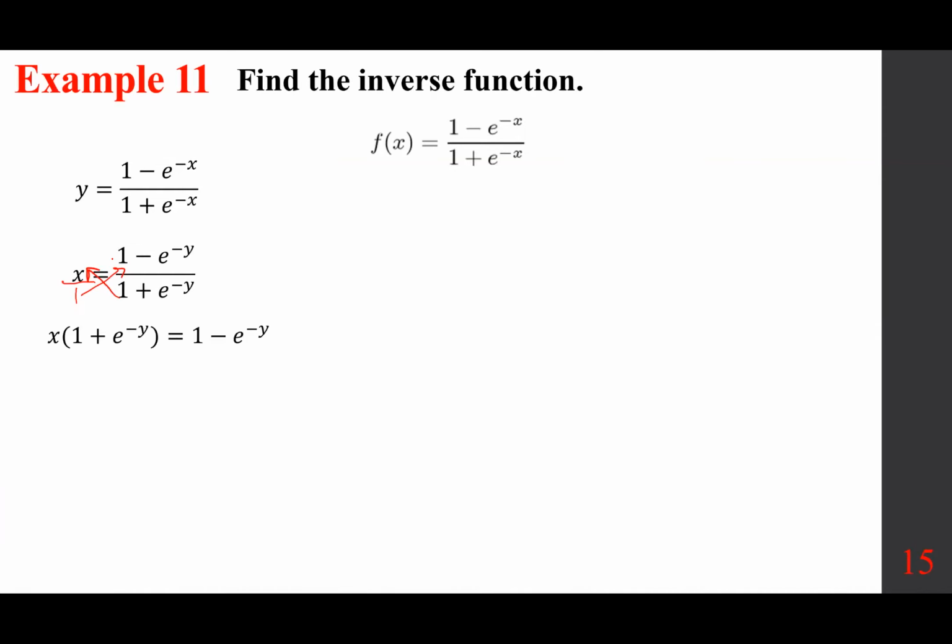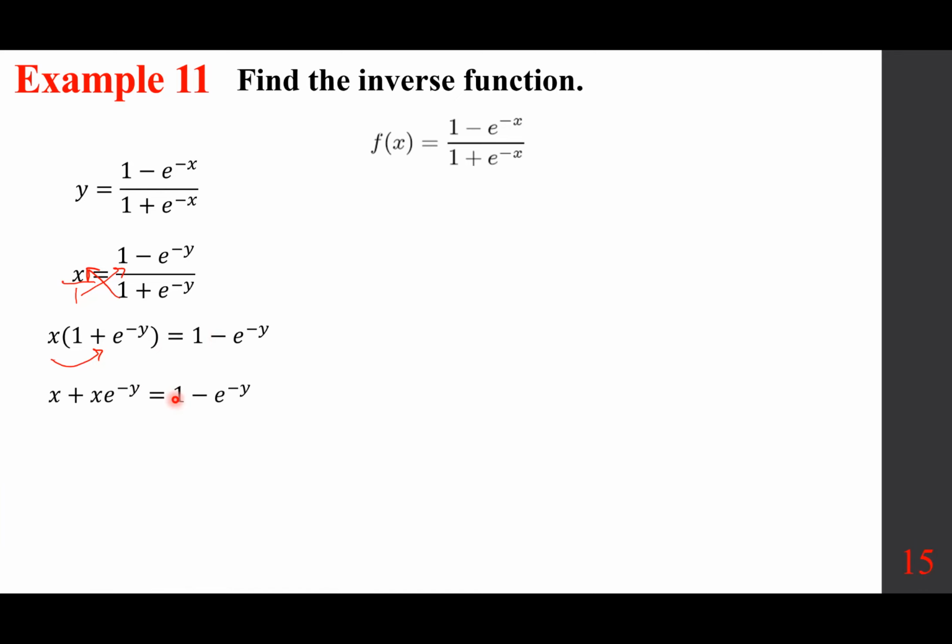So x times 1 plus e to the power minus y equals 1 minus e to the power minus y. All right, so let's distribute. Now, what we can do to get rid of e to the power minus y, there are a couple of ways. One easy way is to multiply both sides by e to the power of y.